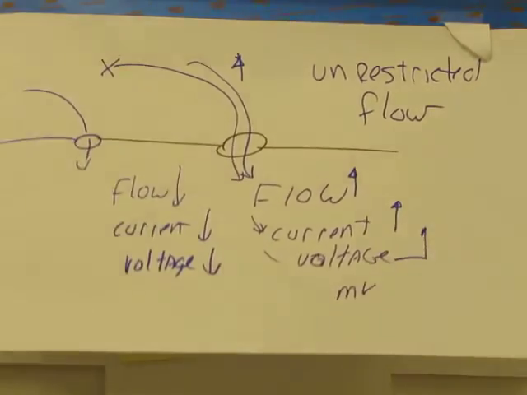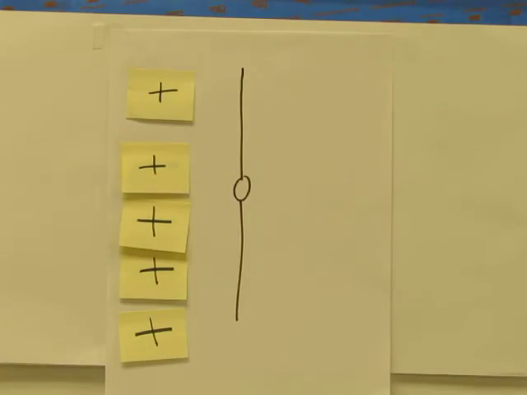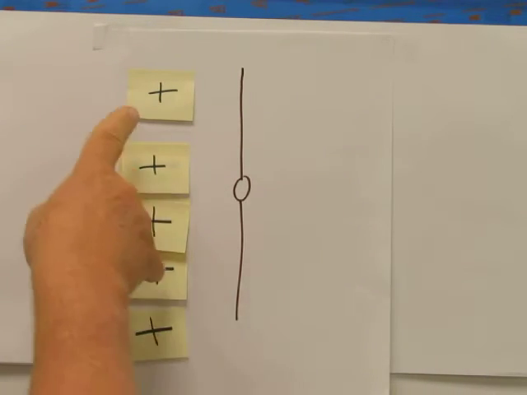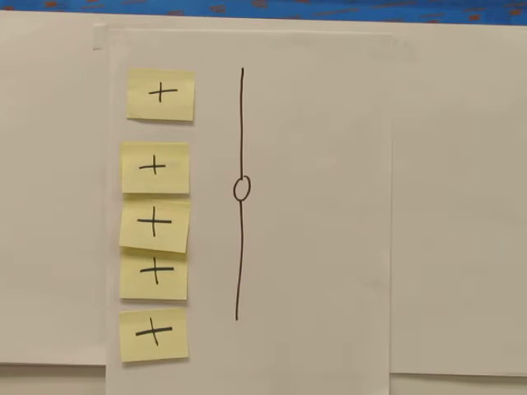Now let's continue on with the Nernst. Here's the membrane, ions on one side, none on the other side. According to the law of diffusion, these ions are going to go from high concentration to low concentration. It doesn't matter what the ion is right now.